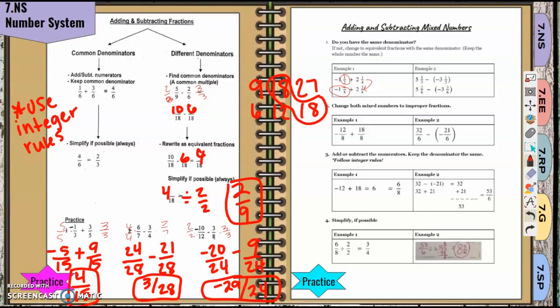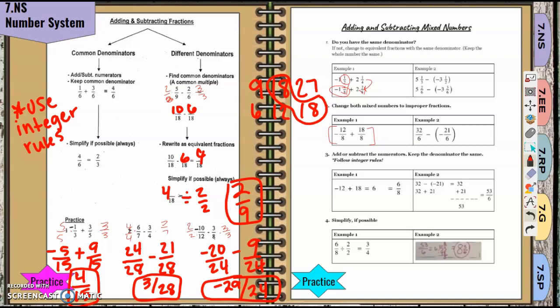We do that by multiplying. 1 times 8 is 8. Plus 4 is 12. So that's negative 12 over 8. Plus 2 times 8 is 16. Plus 2 is 18 over 8.